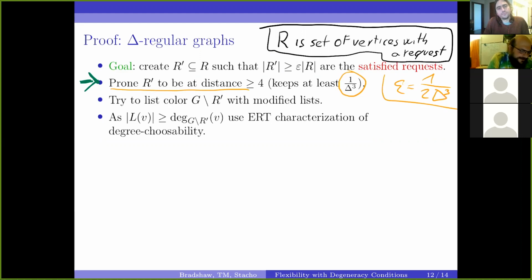So this discards quite a lot of requests, but keeps at least what we needed. And this is quite a strong property. So remember it, we will be using this heavily in the next analysis.